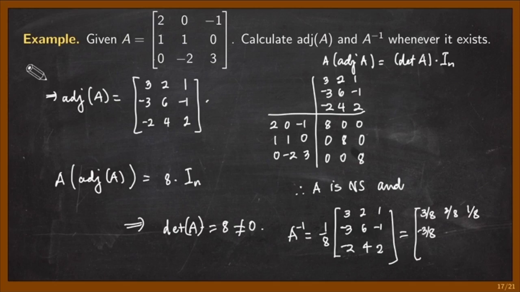But for me, I don't like writing these fractions. I am just okay with writing 1/8 outside. 6/8 is fine with me. If you want to simplify, you may. For me, I don't like to simplify because I want to see what is the determinant. So that's the inverse of A.